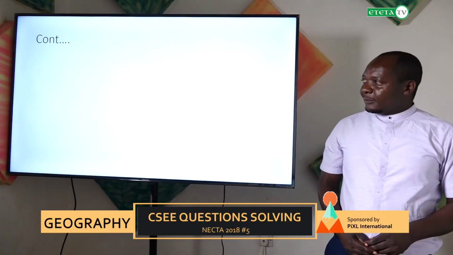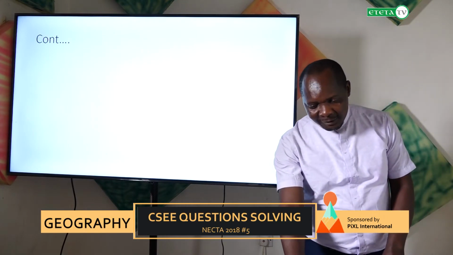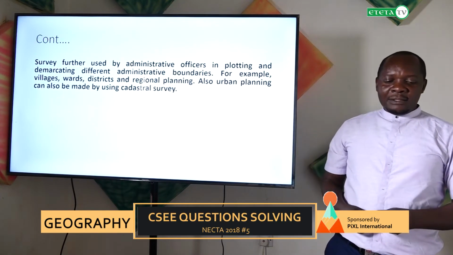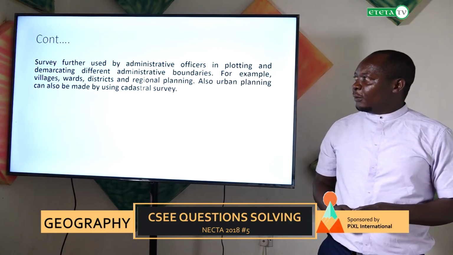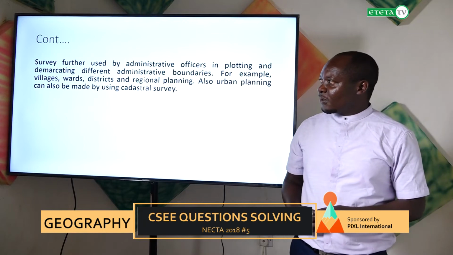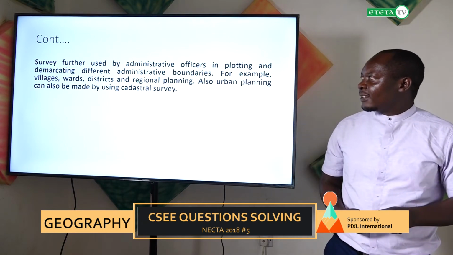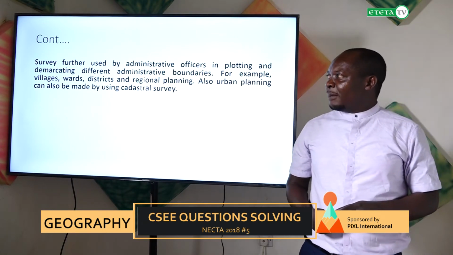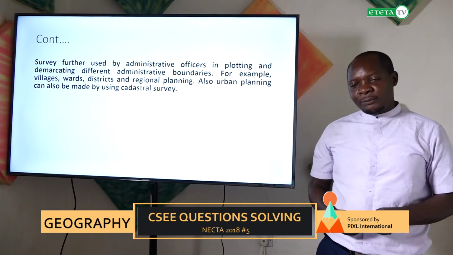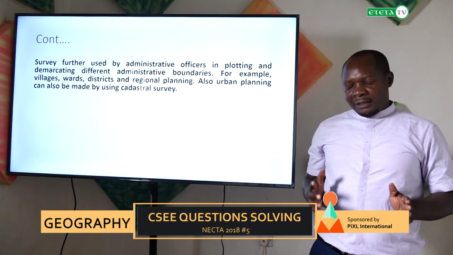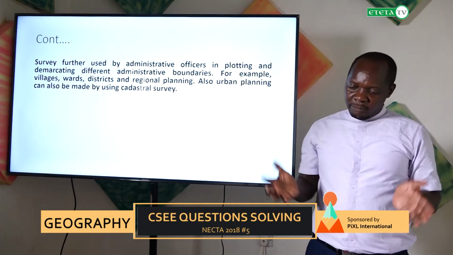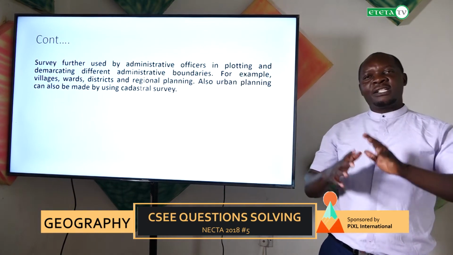But again, survey is further used by administrative officers. It is used in plotting and demarcating different administrative boundaries. They use survey in order to demarcate different administrative boundaries.